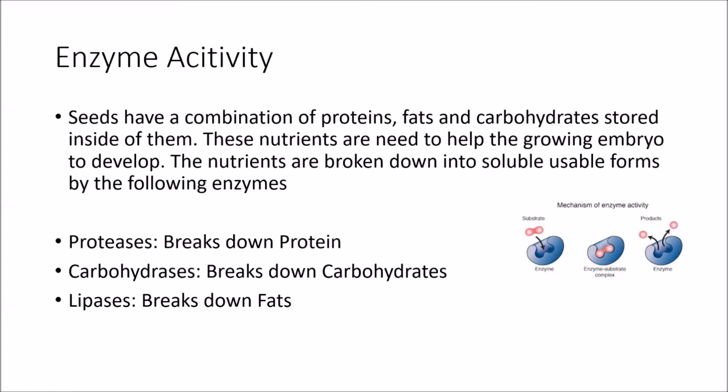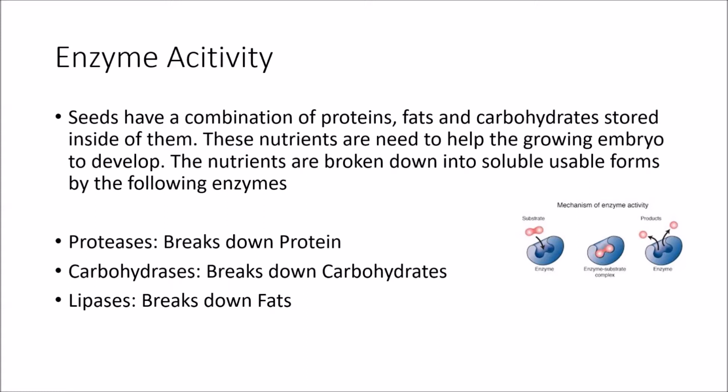As it comes to enzymes, the same way enzymes help us to break down food inside our body when we're eating food, these enzymes are also going to help to break down these proteins, fats and carbohydrates inside of these seeds into simpler substances that are going to be soluble so that the seed will now be able to use that.